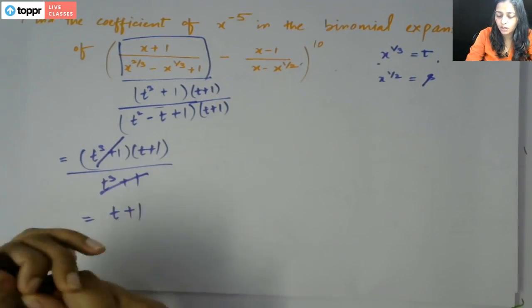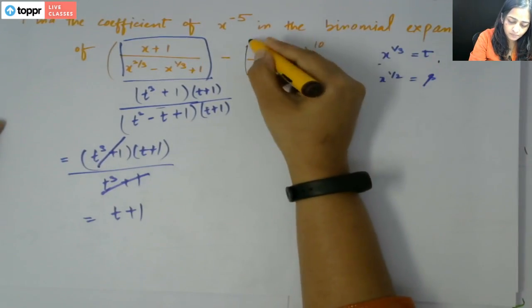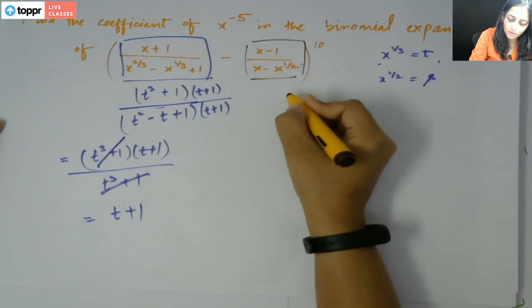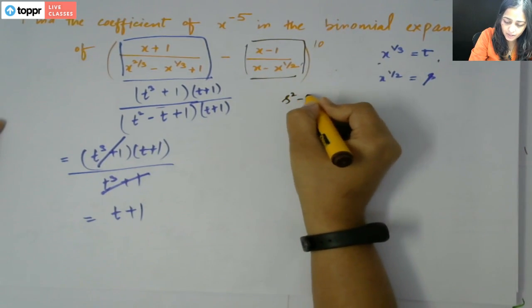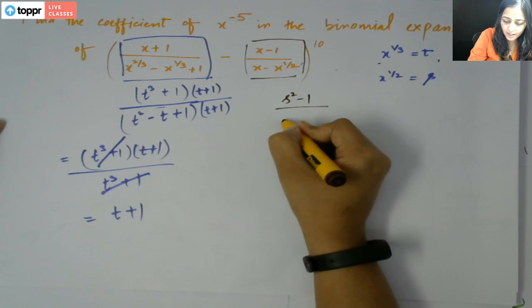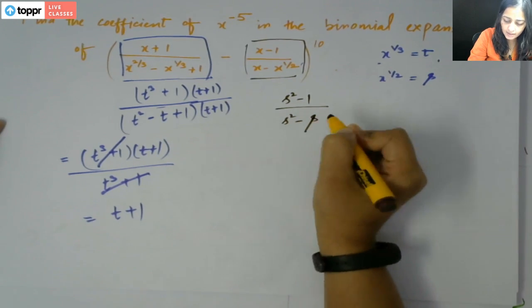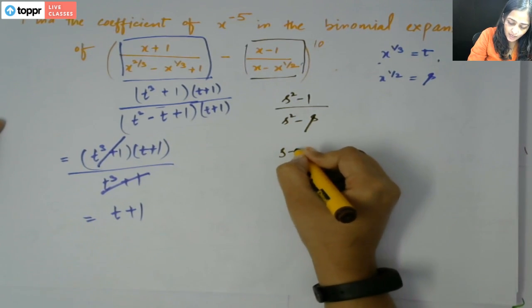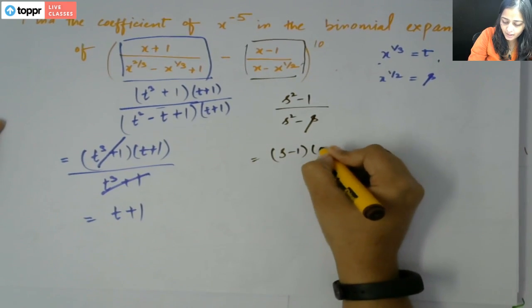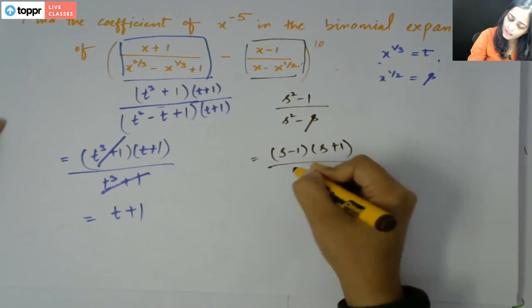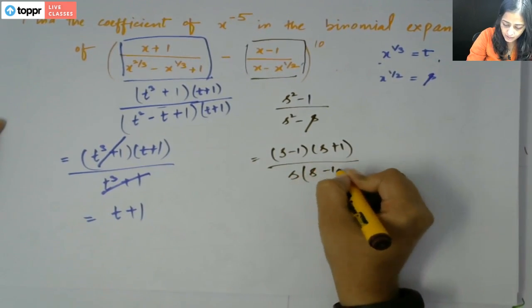Now let's focus on this term. I'll write it as (s square minus 1) divided by (s square minus s). It can be written as (s minus 1)(s plus 1), and if I take s common in the denominator, s(s minus 1).